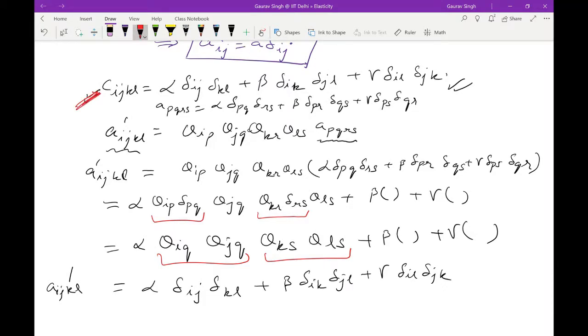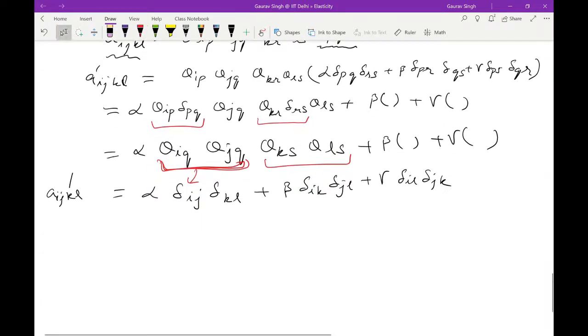Okay, and hence this is an isotropic fourth order tensor because it retains its form under any general transformation. And this property, just to remind you, was because for an orthogonal transformation, this property holds.